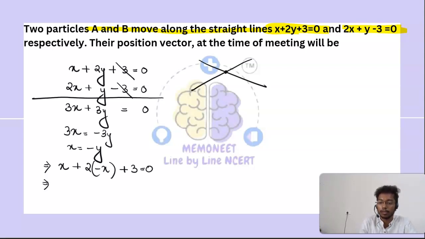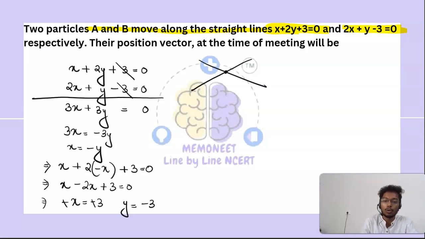So x minus 2x plus 3 equals 0, so minus x equals minus 3. So x equals 3 and y equals minus 3.